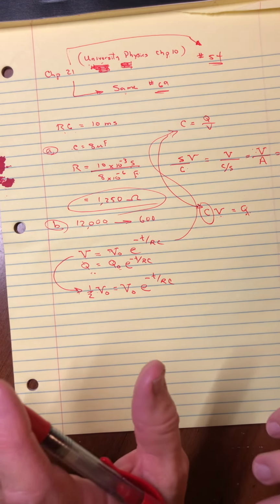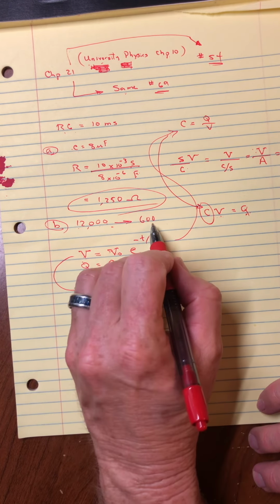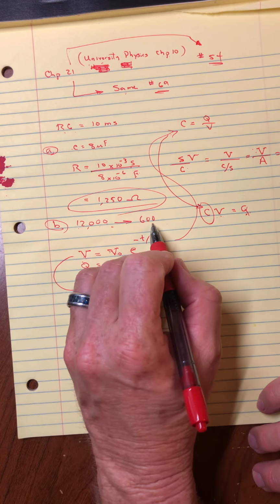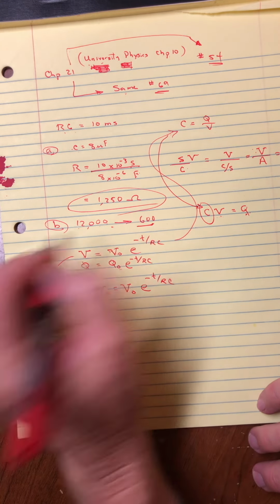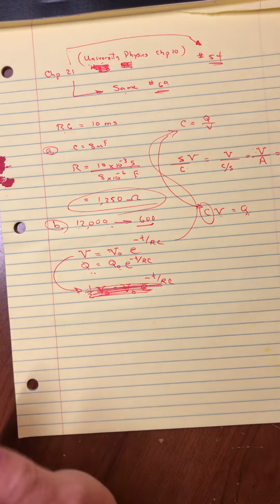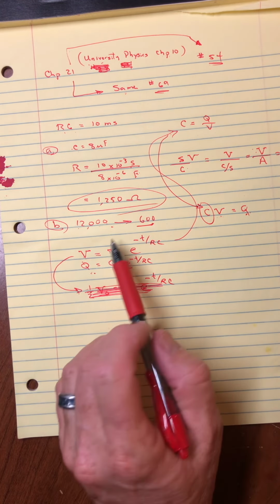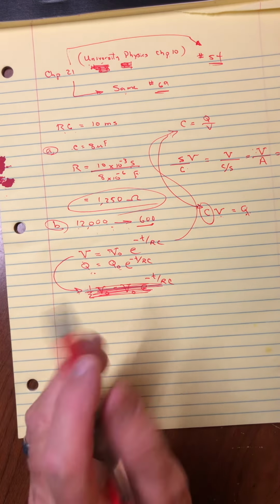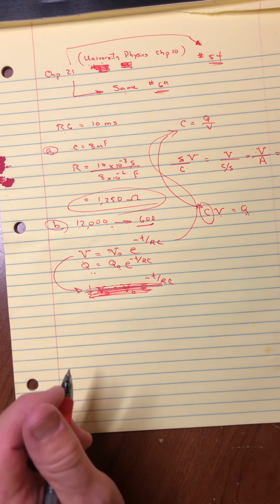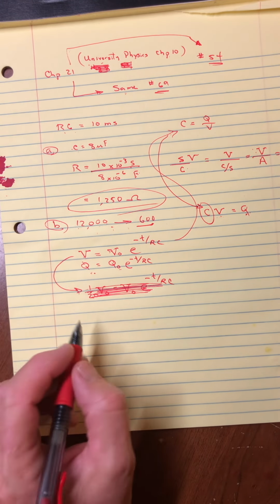I'm sorry. Let me just check my units here. This is 12,000. This is not 6,000. This is 600. Okay. So it's not half. Forgive me about the 1/2. It's 10 times lower than a half. So that's 1/20th. So we could put a 1/20th here. But maybe we just better put in the numbers.